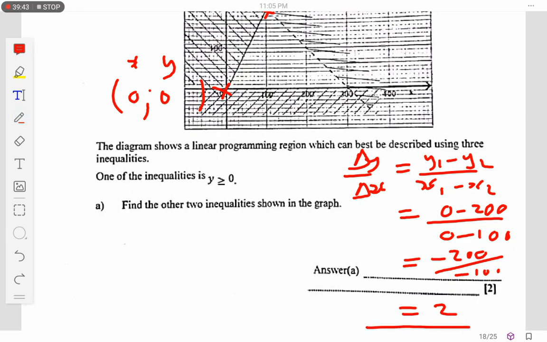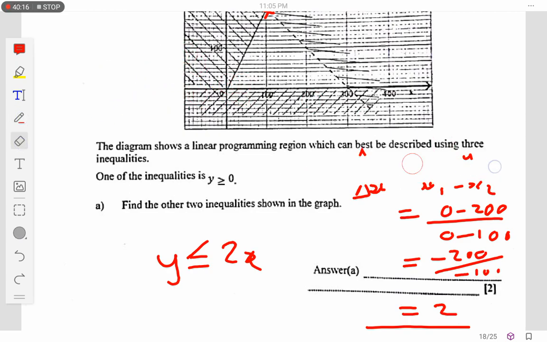Then the y-intercept is 0 because it's crossing at 0 there, even if I don't calculate. So my inequality is going to be y is equal to 2x. Then writing it in the proper way, because the line is solid, we use the sign like that. Okay, let's do the other one. I'm now doing the other one.